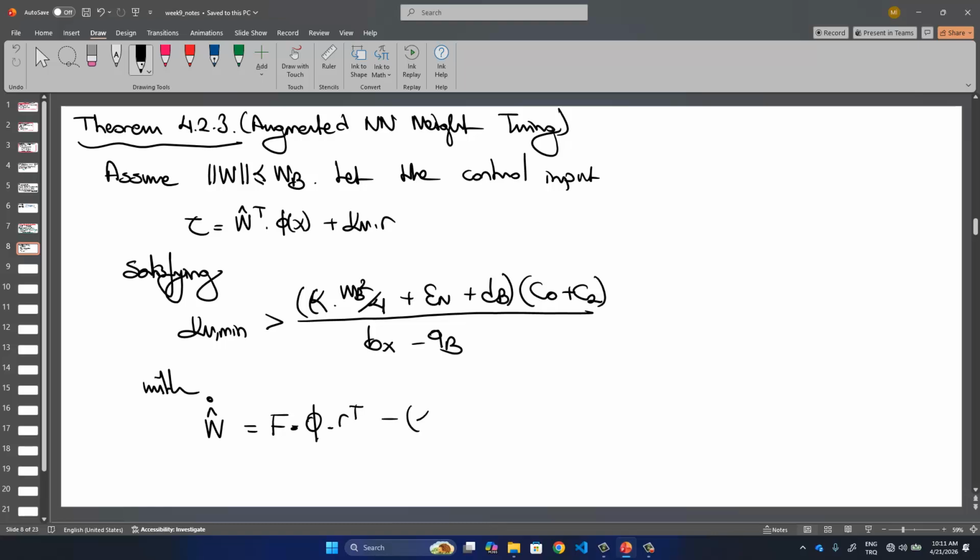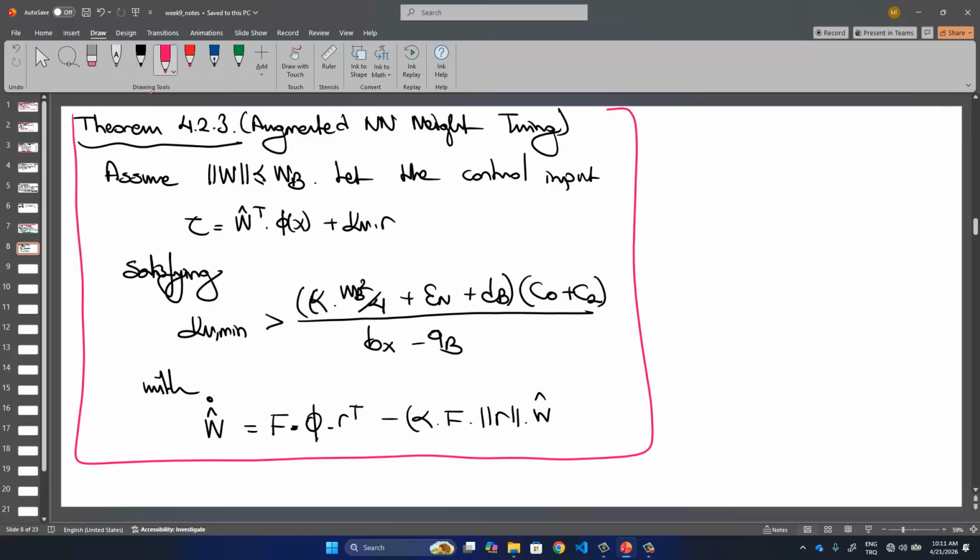This is the standard rule, and kappa times F times norm of R times W hat. Okay? These theorems lead to persistency of excitation in the controller code.